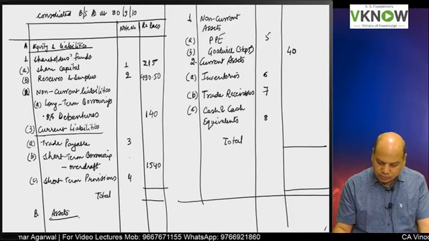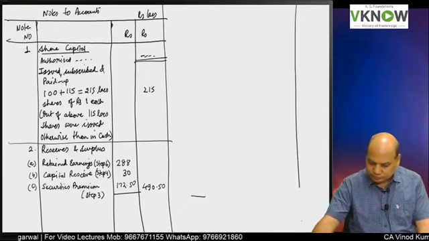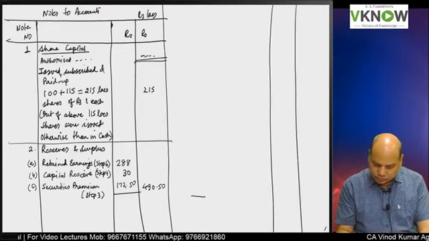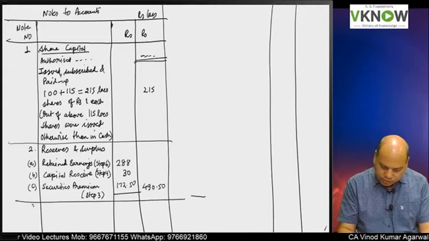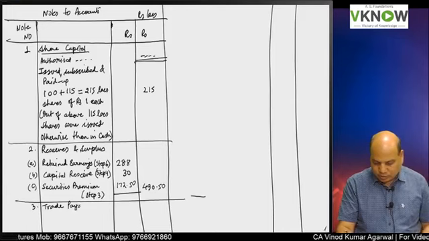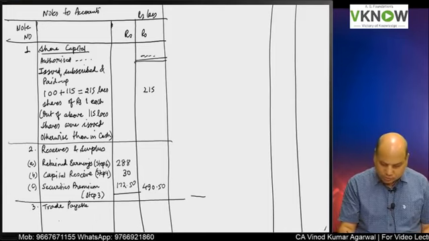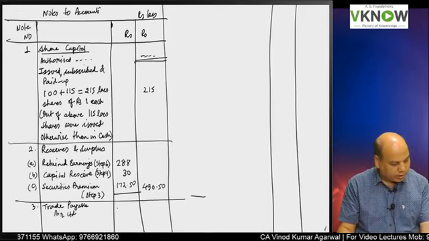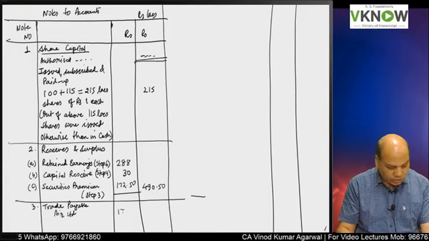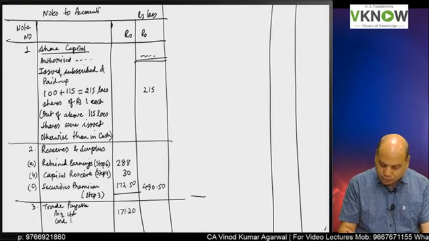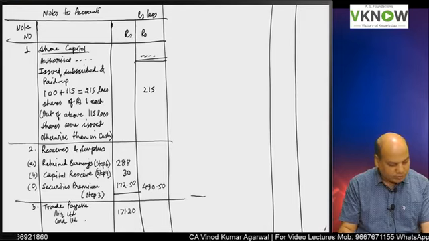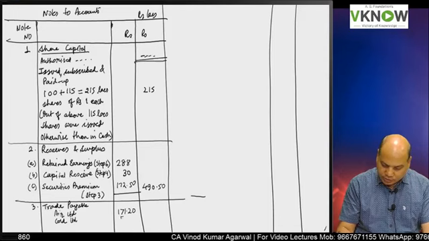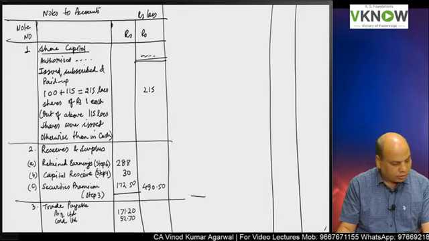Next, note number 3 is trade payable. Under that you write down Air Limited full. Trade payable of Air Limited is 171.20. Cold Limited full, it is our subsidiary 100%, 52.70 full.